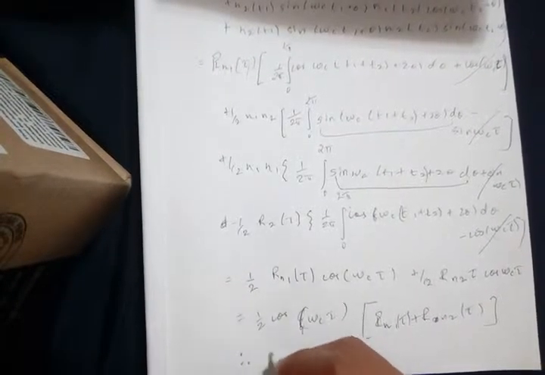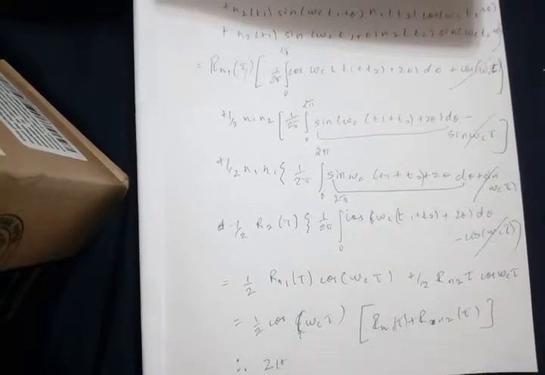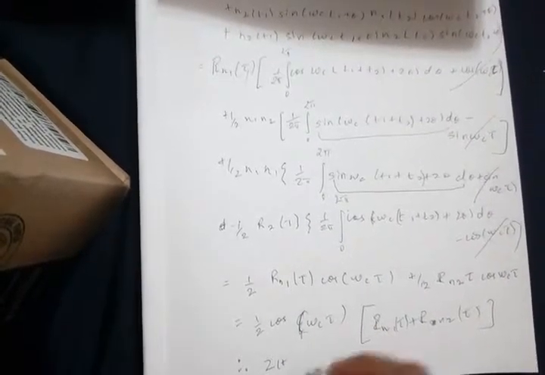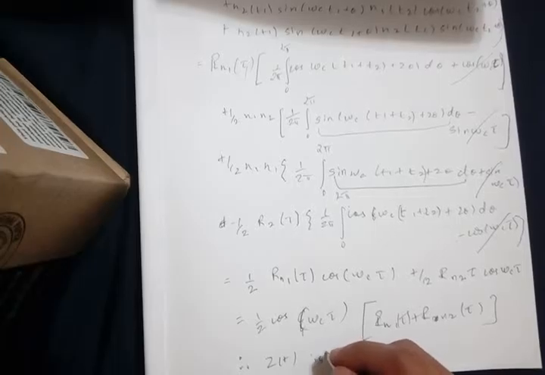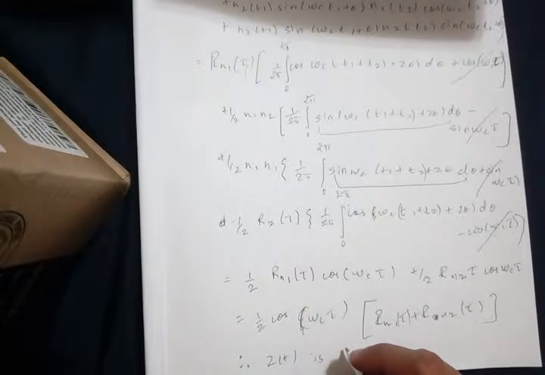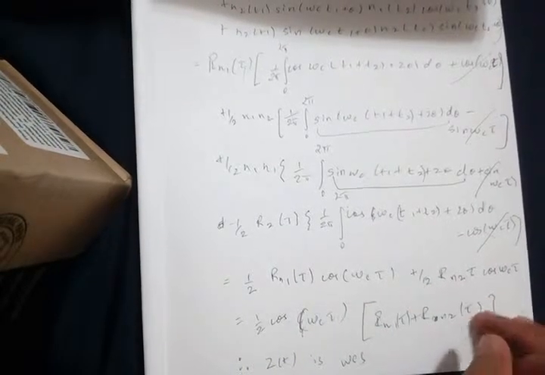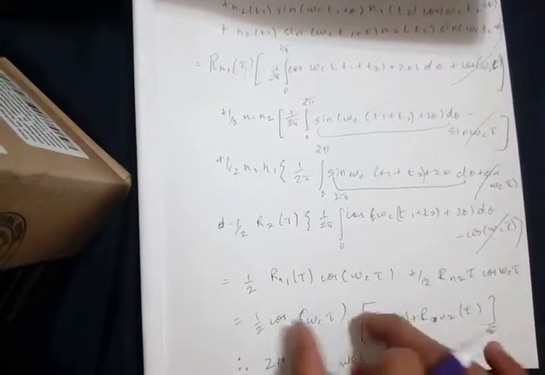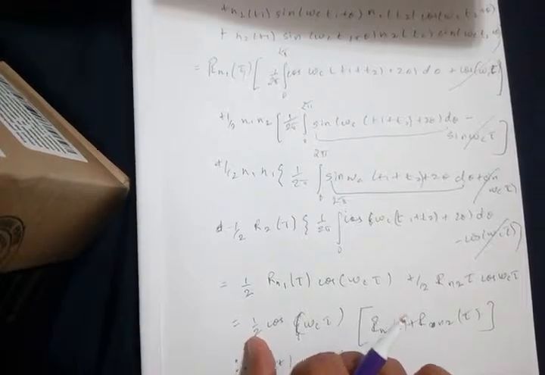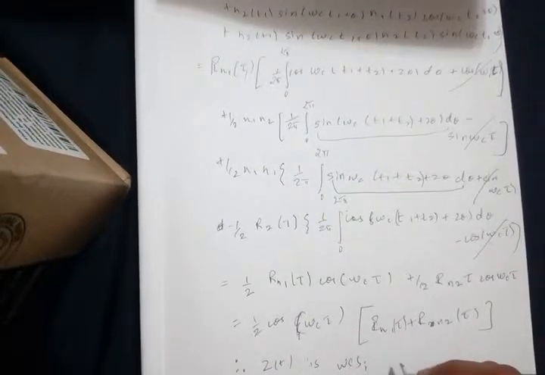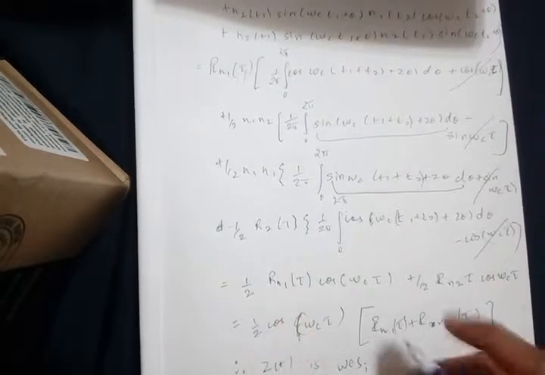From here we can easily say that z of t is WSS, because this is going to be a constant term, and 1/2 is also constant.